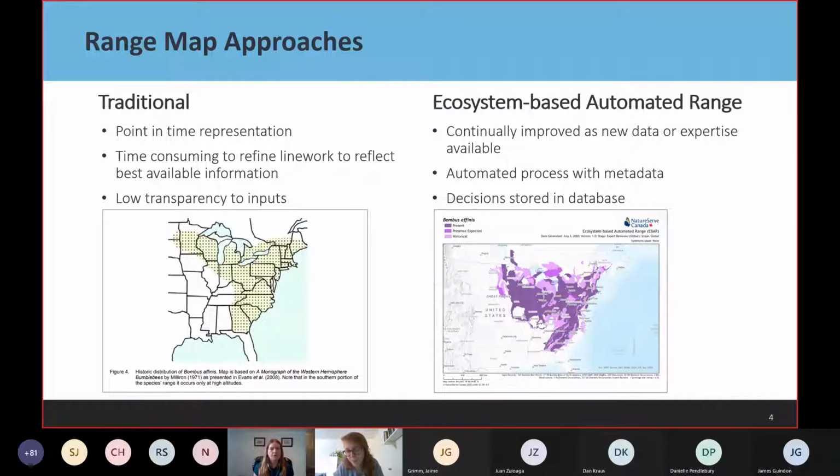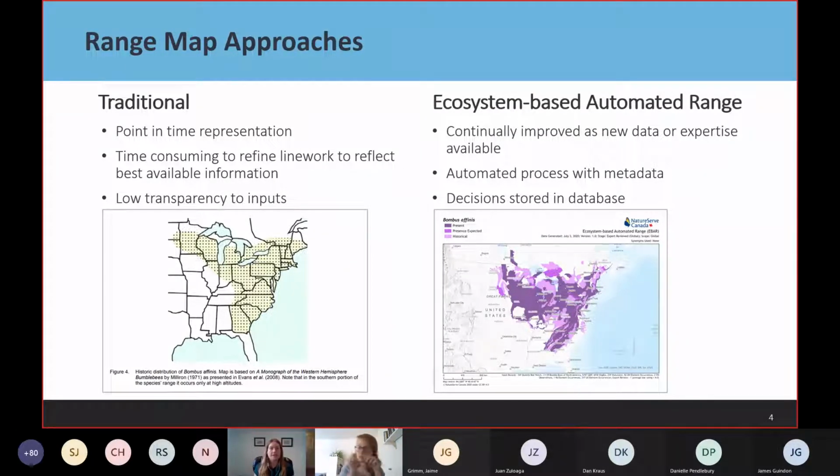You can imagine a lot of potential consultation about where a line for a particular species should lie. Should it be on this side of a mountain range or that side of a riverbed? That type of consultation requires a lot of time. And finally, traditional range maps can often have low transparency to inputs. We don't have a lot of information about what actually went into generating that range.